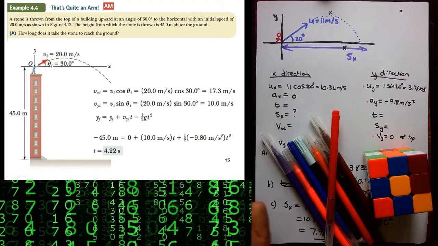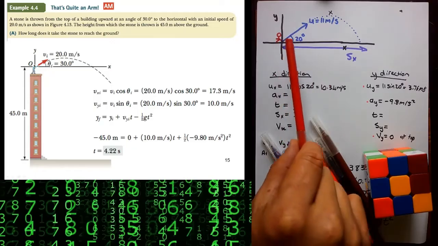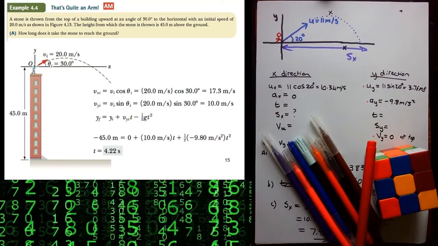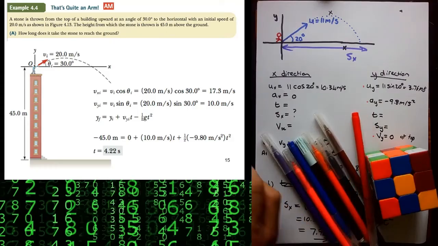So again, you can solve this by making use of the figure and considering the x and the y motions separately. So take note, we put the axis where the motion started, and we have these two, the angle and the initial velocity. So the first thing we can do is calculate the initial velocity in the x direction.